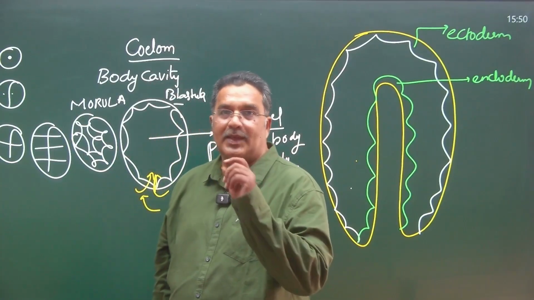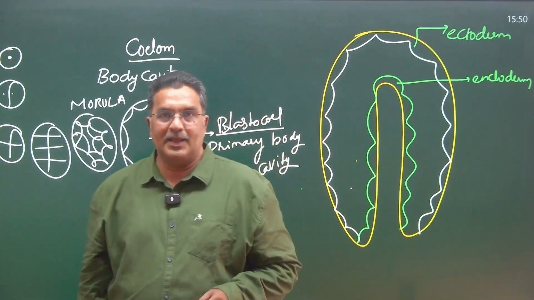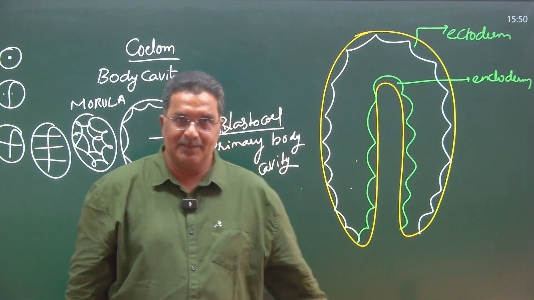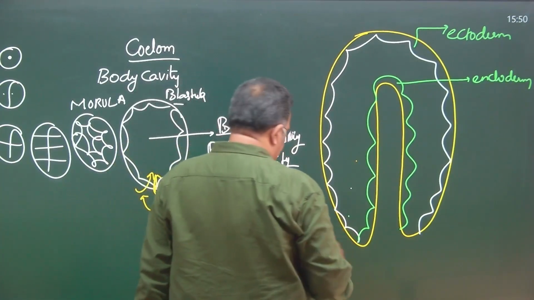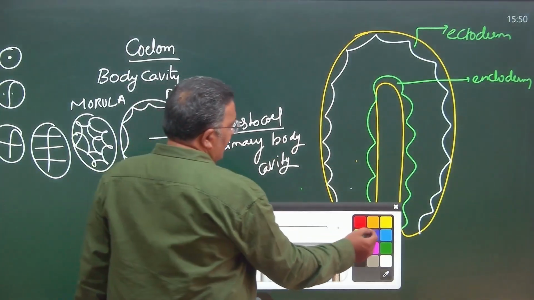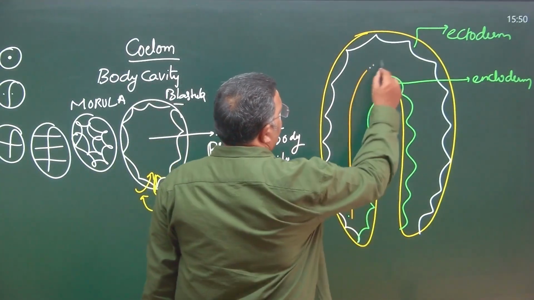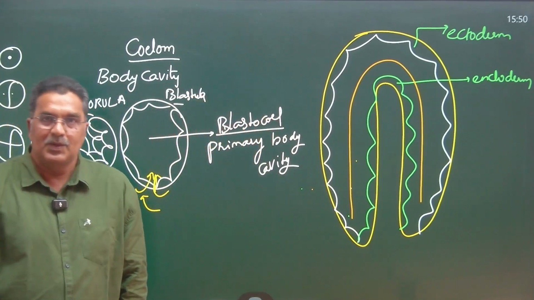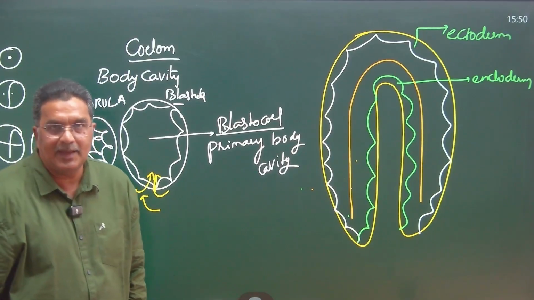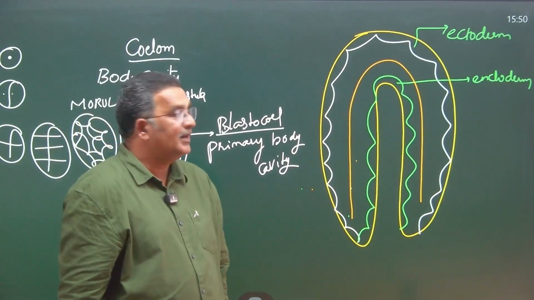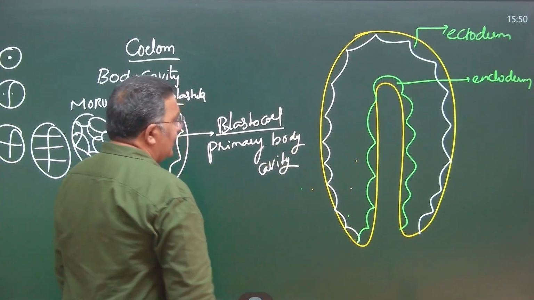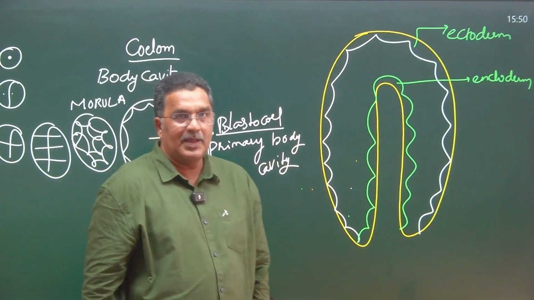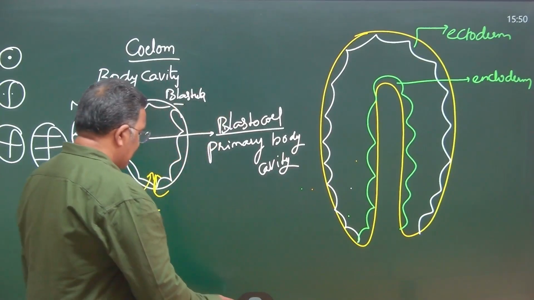If only these two layers are present, we call it a diploblastic organism. And with the appearance of a third layer, if three germ layers are present, we say it is a triploblastic organism. Two germ layers, diploblastic. That we learned already in the previous classes.